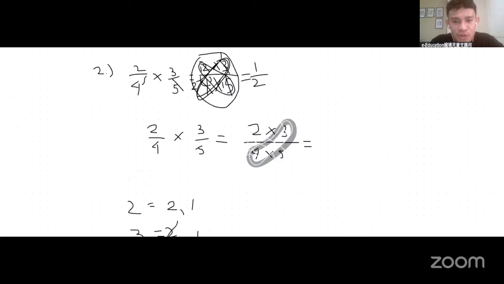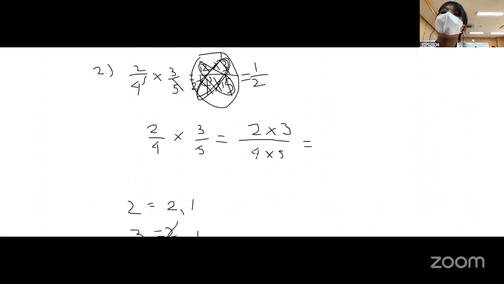So we should no longer do this anymore. Since four and three is not a factor, we will not continue with this. We will just continue with two times three is equals to six, and then four times five. How much is four times five?